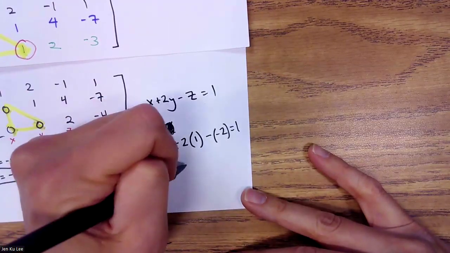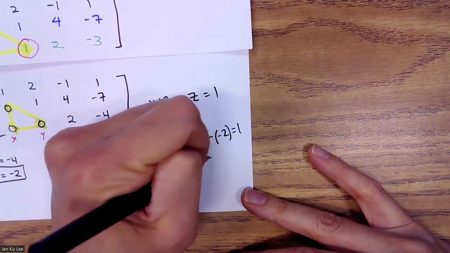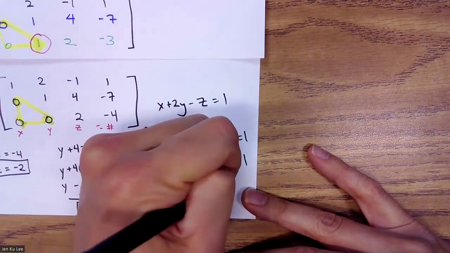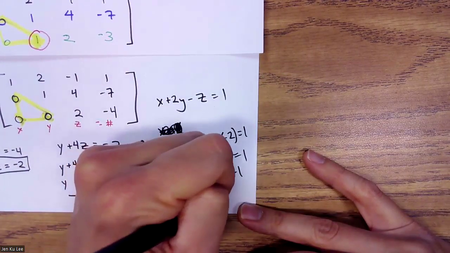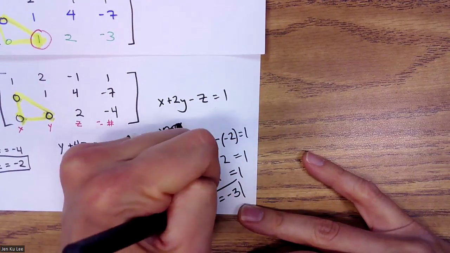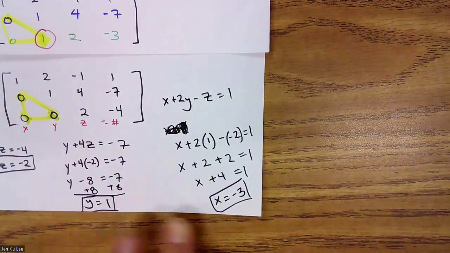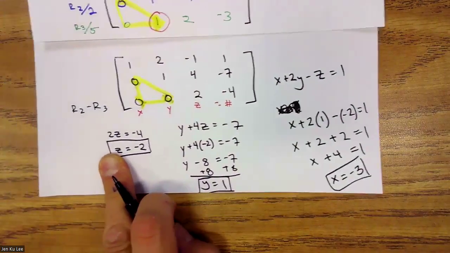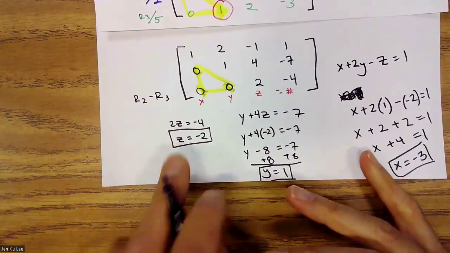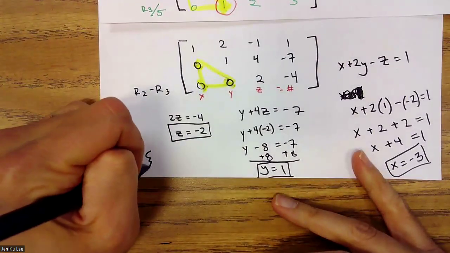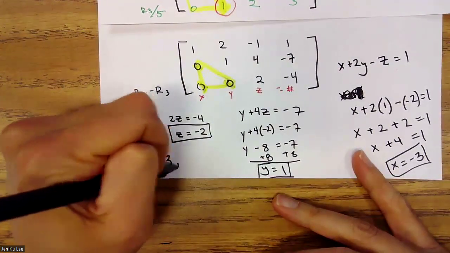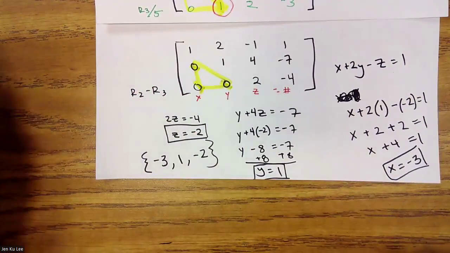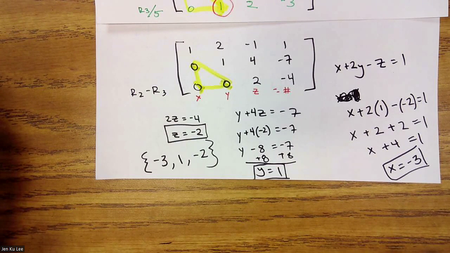This would be x plus 2 plus 2 equals 1. x plus 4 equals 1. So x is going to equal negative 3. Right? So you got your x, you got your y, you got your z. And that is your answer. Negative 3, 1, and negative 2. Okay? Yeah.